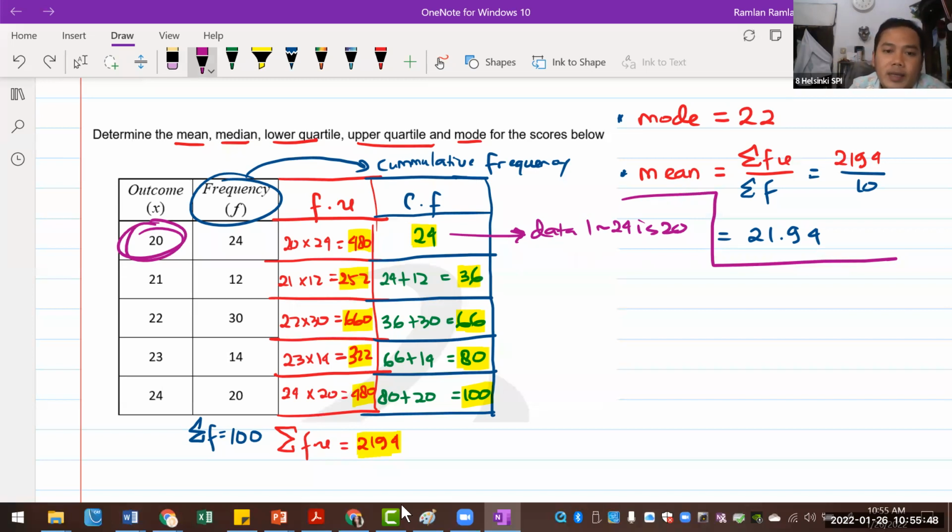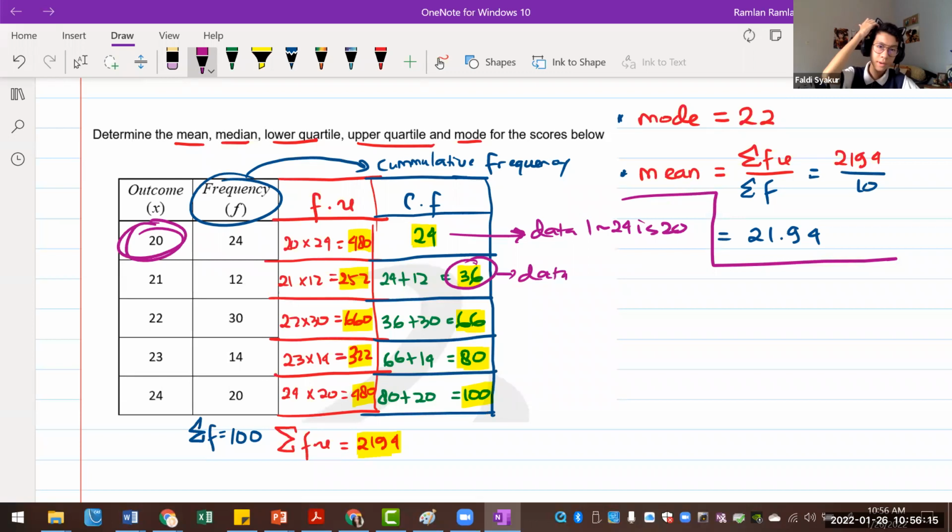The second one, this 36. Okay, so maybe I'm gonna ask Polly. Polly, what do you think this 36 means? It means that it's 21.